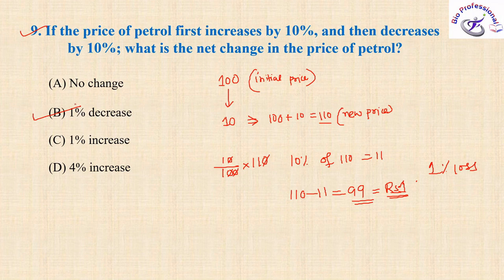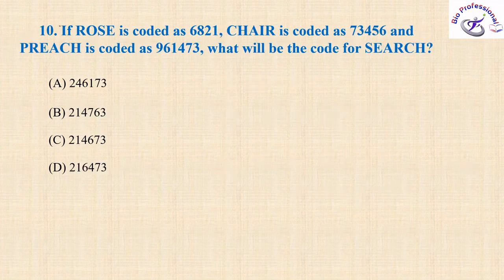Clear? Okay, next, if ROSE is coded as 6821, then if you have solved this type of question earlier, you can guess in a fraction of a second. They have given ROSE for 6821. Next, CHAIR.